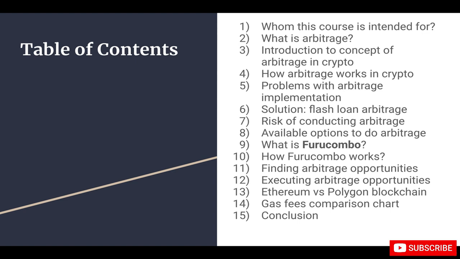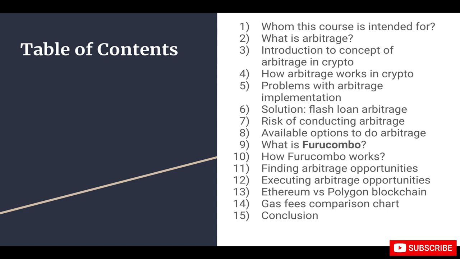Chapter 7 is basically: even though you already have the solutions, even with that solution, you still have risk associated with that activity, right? Having a solution does not necessarily mean it's free from risk. There will always be risk. So that's chapter 7. We're going to mainly talk about risks associated with conducting arbitrage in cryptocurrency.